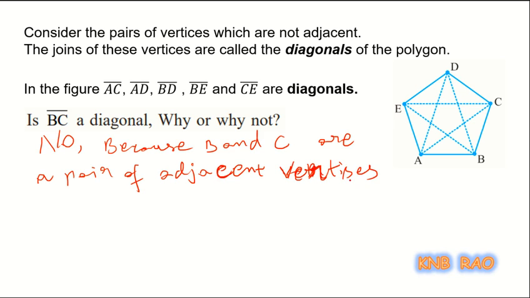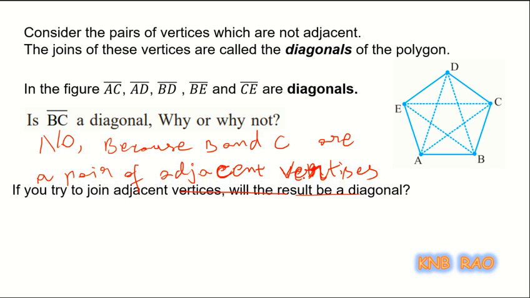So BC cannot be a diagonal. Now, if you try to join adjacent vertices, will the result be a diagonal? No.